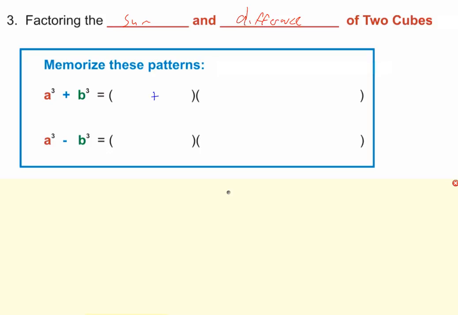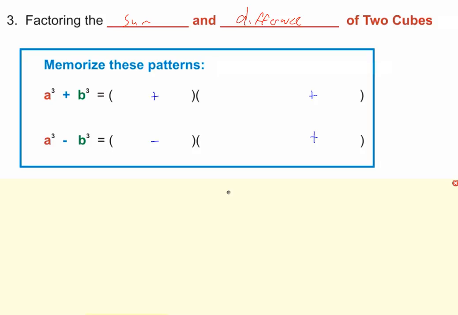So therefore the front one, top one has to be a plus and the bottom one has to be a minus, right? Sign in the middle always matches. It's a trinomial, so you have a sign and then a second sign. The back sign is always a plus. Always. So the front binomial sign in the middle always matches. The back sign is always a plus.